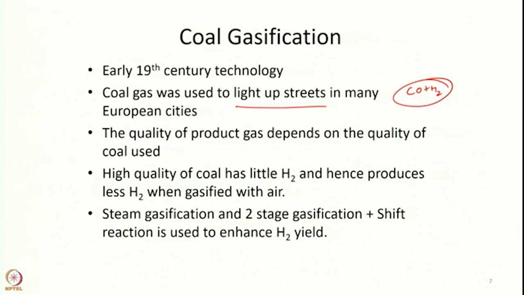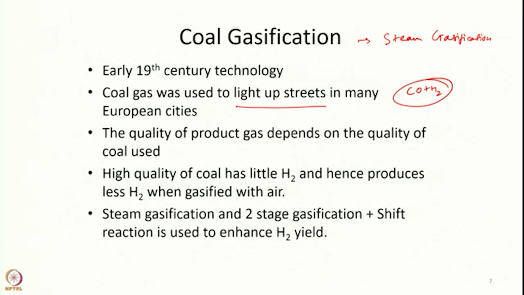Interesting, isn't it? Now the quality of the product gas depends on the quality of the coal used. If the coal has a high amount of hydrogen, the gas will have a little higher amount of hydrogen, even though coal gasification is inherently steam gasification. Poor quality coal will give a high amount of hydrogen compared to high grade coal, which will have less hydrogen in the synthetic gas.